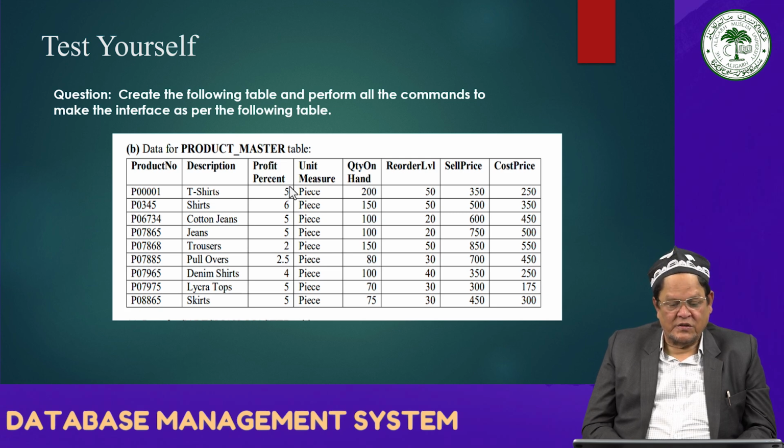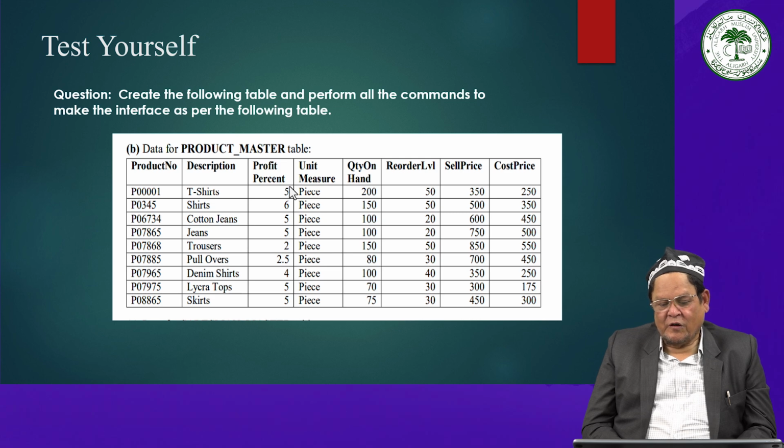The description is t-shirt. Profit percent is 5. Unit measure is piece. Quantity on hand 200. Reorder level 50, and sell price is 350. Cost price 250. It means when the reorder level is 50, if you have 50 in your shop, then you have to place an order.